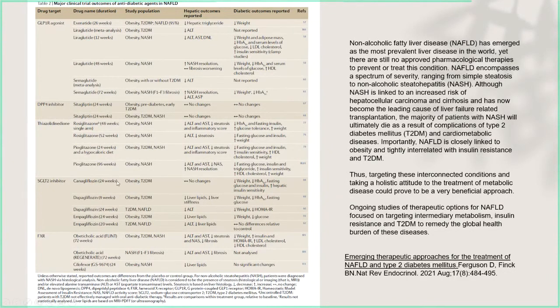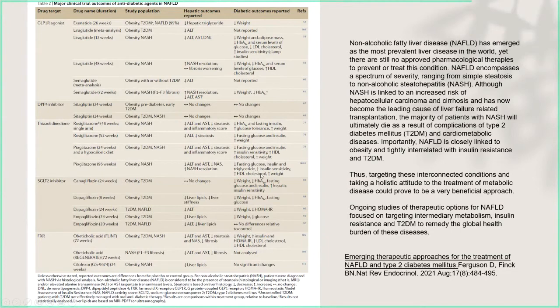With the SGLT2 inhibitors, there are some studies that do show an improvement with dapagliflozin, with a decrease in liver fat and also in liver stiffness. They do lose weight. They improve blood glucose control, A1C and fasting glucose levels. With empagliflozin, again, there are studies that show a decrease in ALT and a decrease in liver lipids.